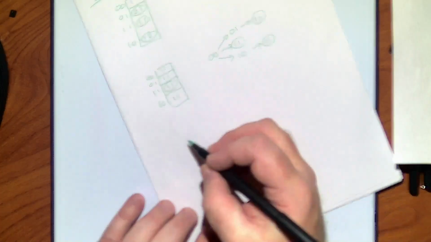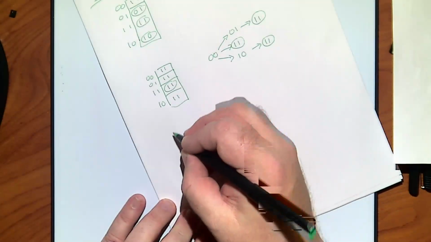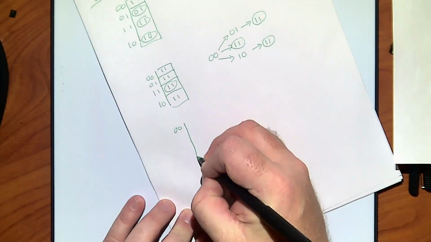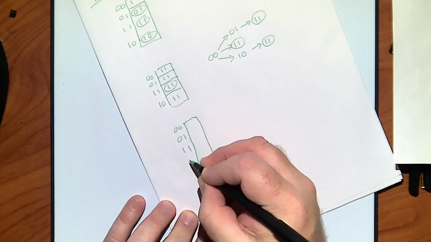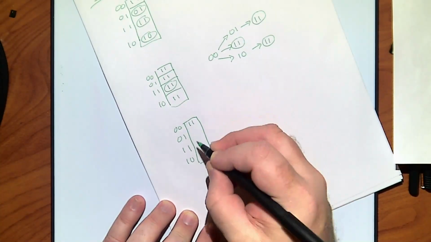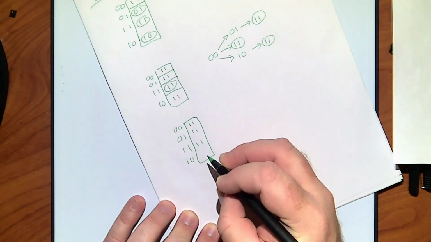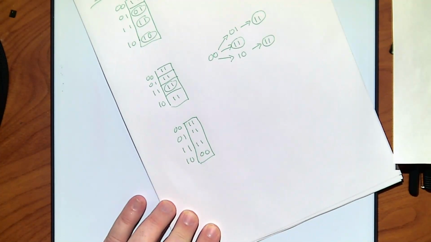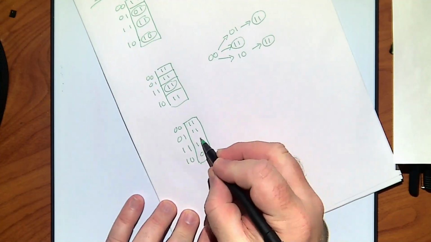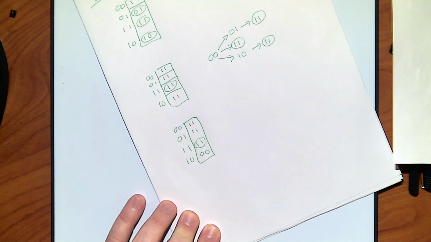Let me throw in one other weird possibility. Let's imagine, I should draw my box first. Okay. A slight alteration of my little section of this. I still have 1, 1 as the only one that's stable.